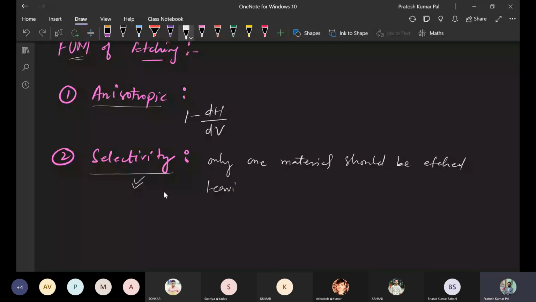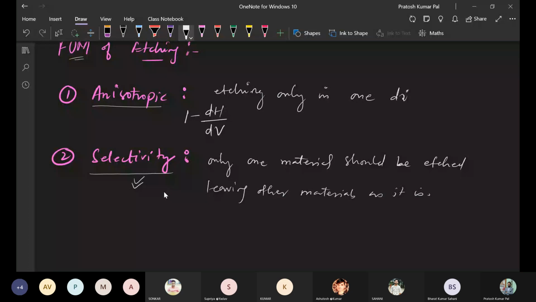Leaving other materials as it is. Okay. And in case of anisotropy, it says etching only in one direction. If etching is done only in one direction, that will be an anisotropic type of etching.